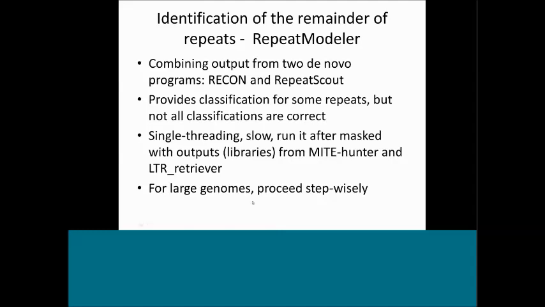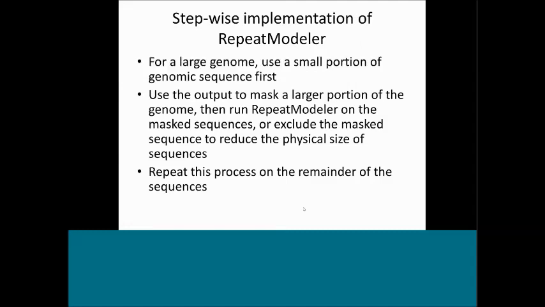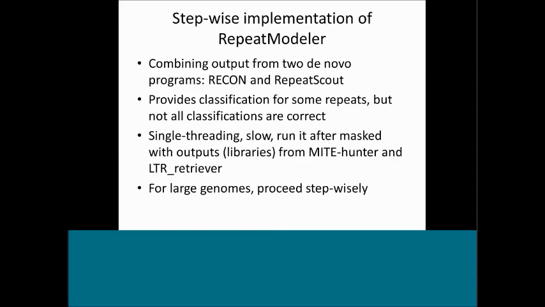Even so, for larger genomes we recommend you proceed stepwise. That means for a larger genome, you use a small portion of the genomic sequence to run RepeatModeler first. In this case, you get the most repetitive sequences.